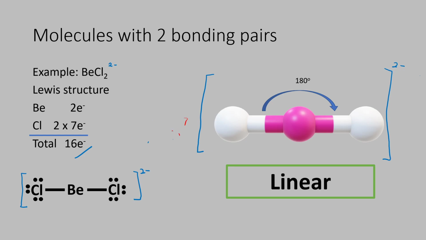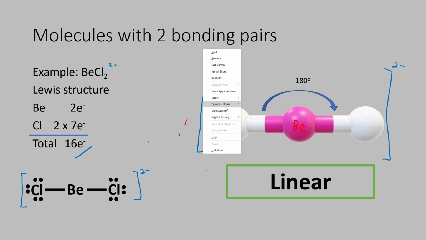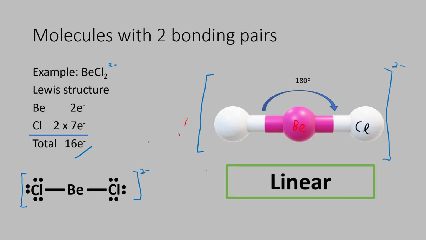Okay, so next, after you dah buat Lewis structure, you susun. So BE tengah, and then you letak satu chlorine. So and then based on VSEPR, kita nak letak the other chlorine as far apart as possible to minimize repulsion. So nak letak sini ke? Letak sini ke?